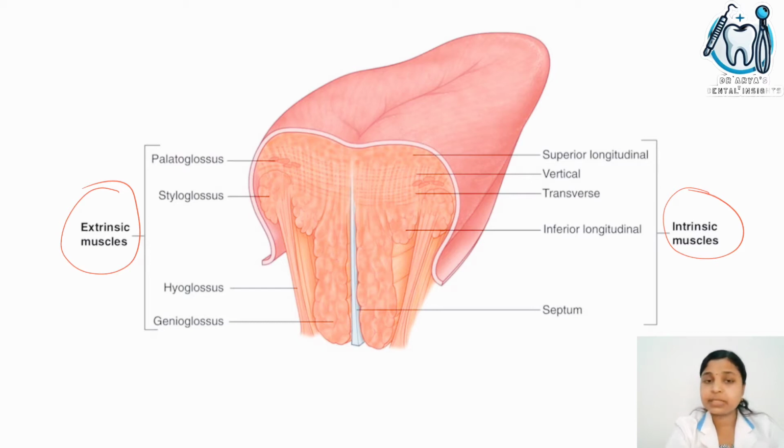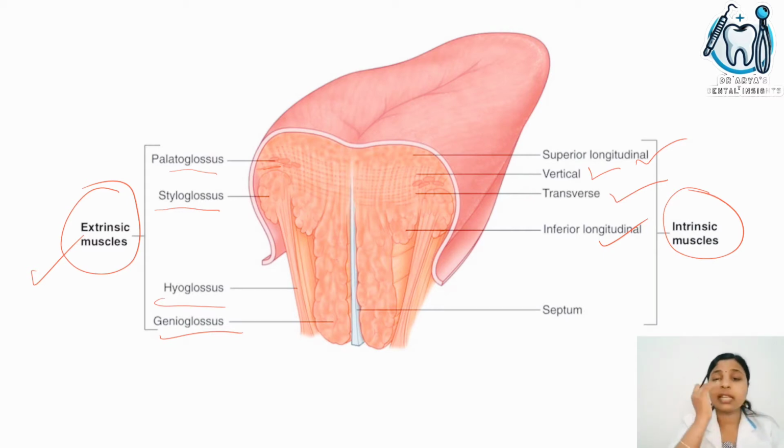The extrinsic muscles are palatoglossus, styloglossus, hyoglossus and genioglossus. The intrinsic muscles are superior longitudinal, vertical, transverse and inferior longitudinal: two longitudinal muscles, one vertical muscle and one transverse muscle.